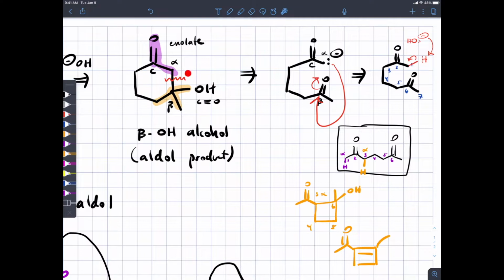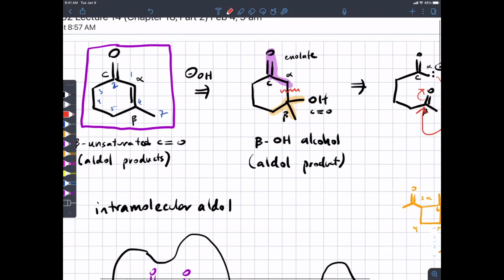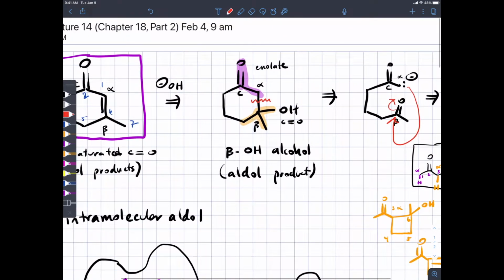That would give you this molecule with this oxygen negatively charged. It would get protonated. Then to get to the alkene from here is an elimination reaction wherein the base removes this proton first to give you a negative charge here where it's stabilized by resonance. Then those electrons, the negatively charged carbon, can kick down and kick off OH minus.